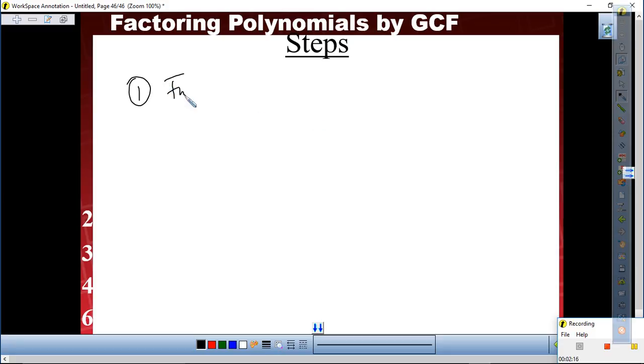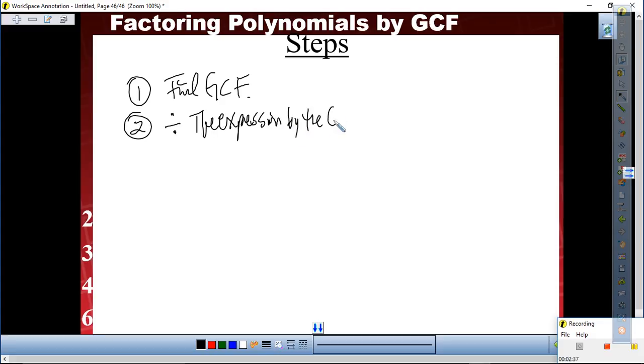Find GCF. After you find GCF, what do we do? Axel? Divide the expression by the GCF.